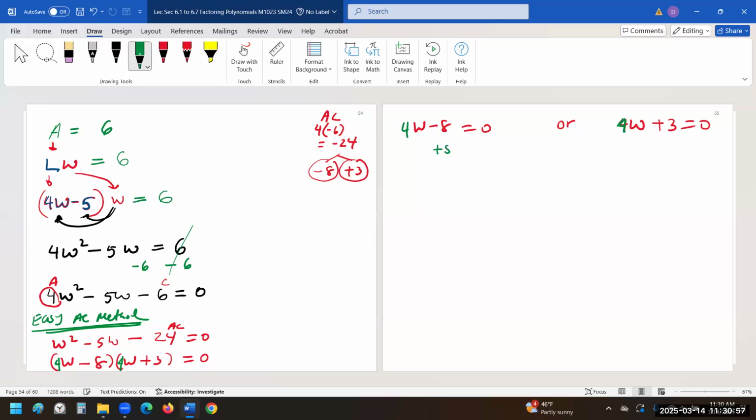So we need to add 8 here and subtract 3 here. 4W is 8 and 4W is negative 3. And then what do you have to do to get the W alone? Divide. Good. We need to divide both sides by 4.